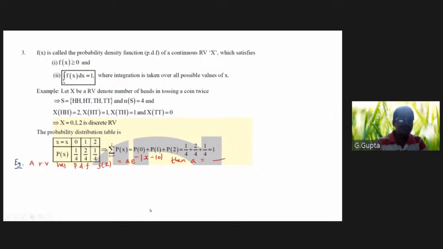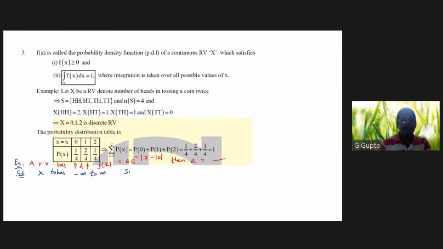Solution. Here the x value is not mentioned. That is the default case, taken to be all real numbers, minus infinity to infinity. X takes minus infinity to plus infinity.